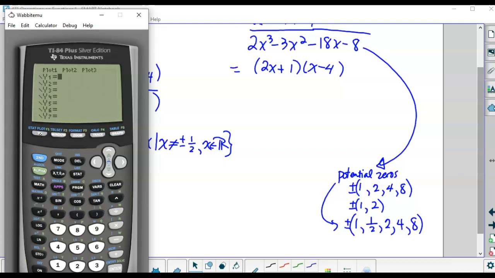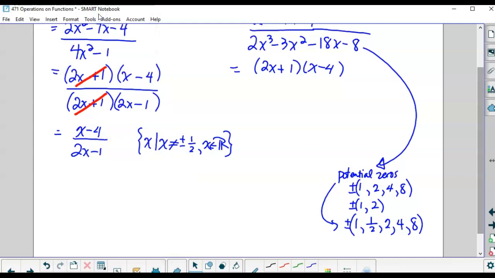And so I'll do it on my computer. 2x cubed minus 3x squared minus 18x minus 8. We'll do a standard screen. Looks like 4 works, so trace 4. It does.